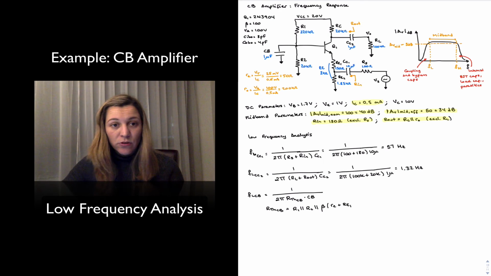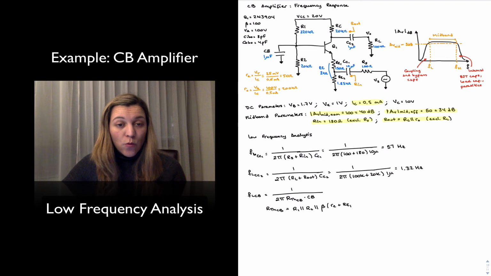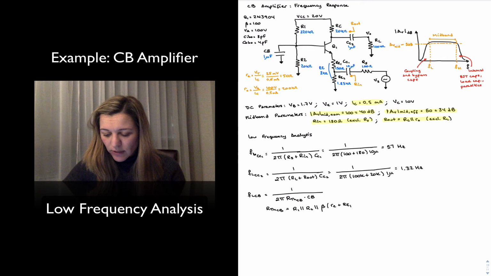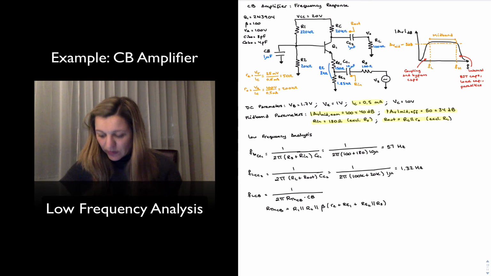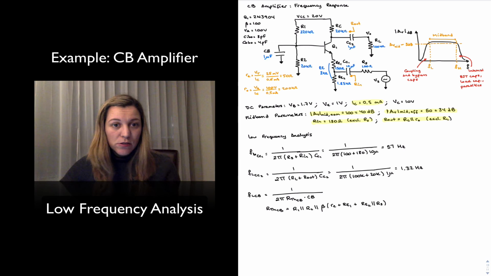Notice that when we are calculating the cutoff frequency due to one capacitor, we are ignoring the effect of the other capacitors, so we are essentially shorting all the other capacitors. And so CC1 will appear as a short, which means this will be little re plus RE1 plus RE2 in parallel with RS. Again, our signal source is just disconnected or shorted to ground.